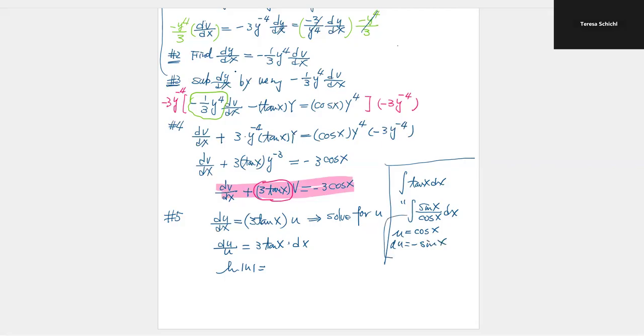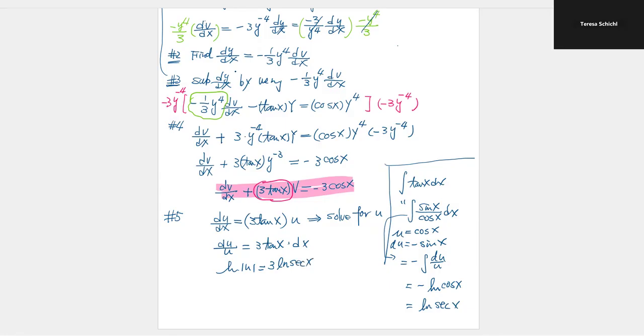So the integral will be equal to the negative of the integral of du/u, which gives me negative ln cosine x, so it's ln secant x. That's why this will give me just 3 in the front, and ln secant x here.